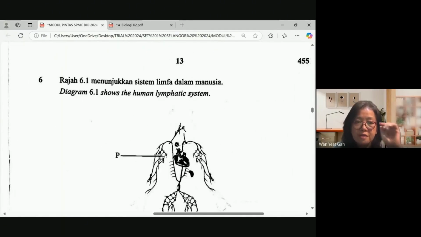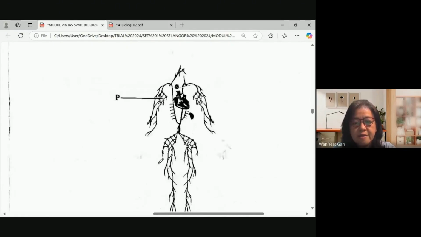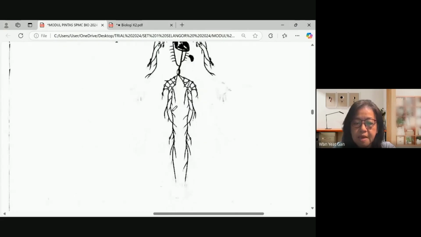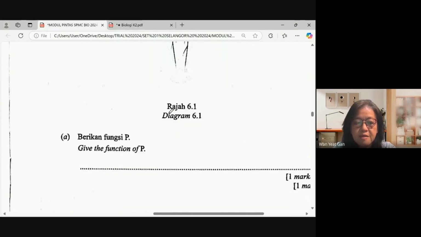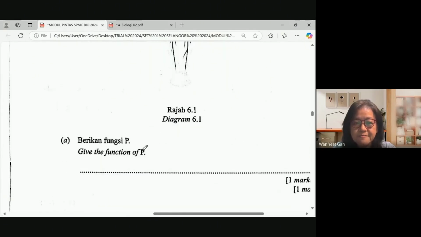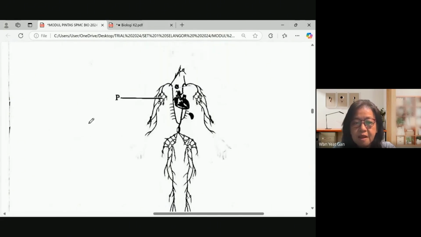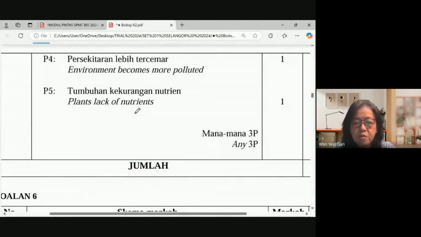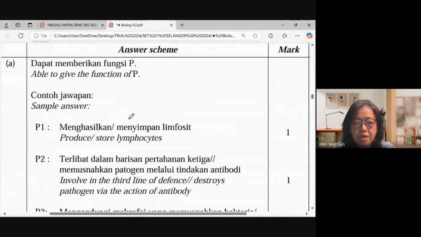Okay, question 6. Diagram 6.1 shows the human lymphatic system. So you see here they label P, and the question says, give the function of P. Now, P is the lymph node. The function of the lymph node is to produce and store lymphocytes.